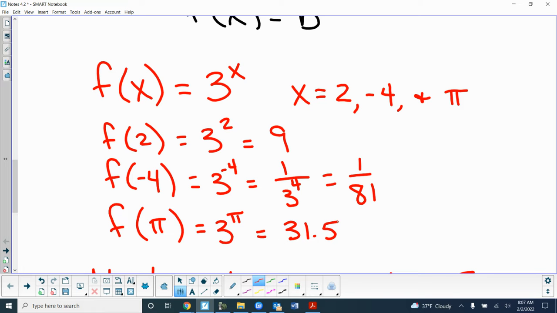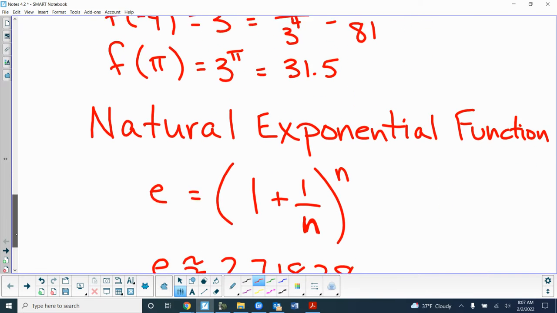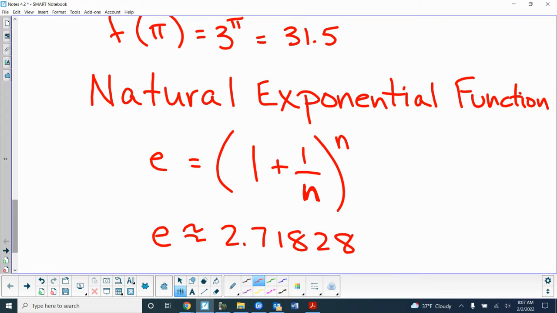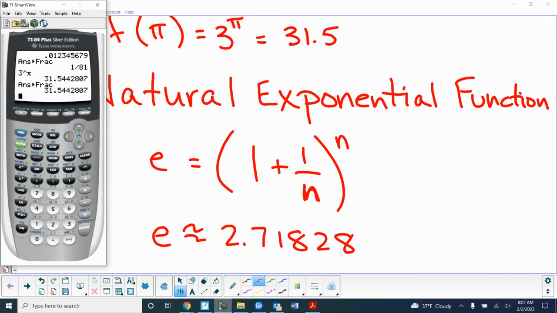Now, when they talk about the natural exponential function, that's that e value. We talked about it a little bit last year, and we'll talk about it a little bit this year. But that's on your calculator as well. There are 2 spots where it shows up.